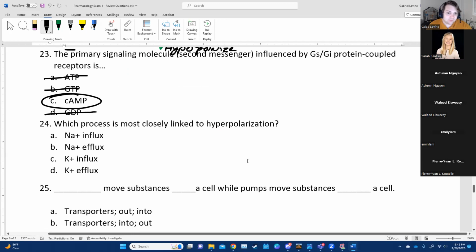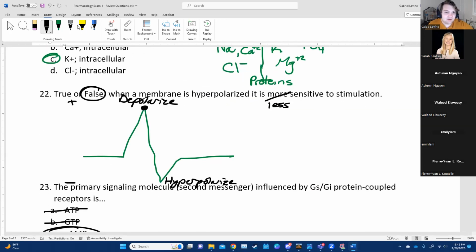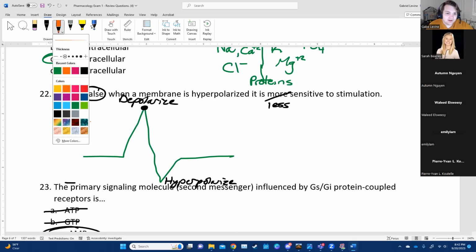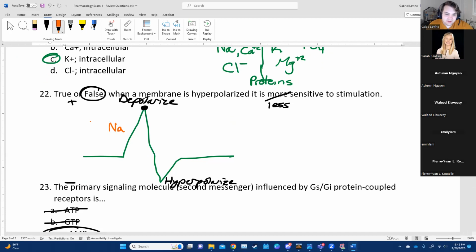Which process is most closely linked to hyperpolarization? So we have sodium here and potassium here.